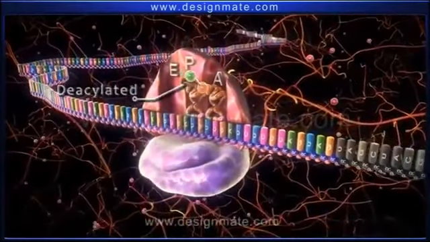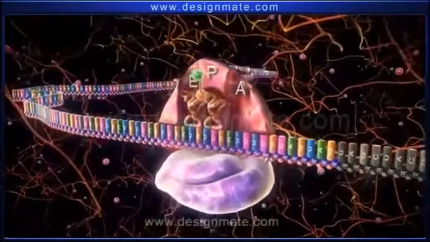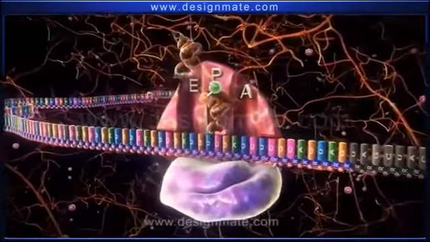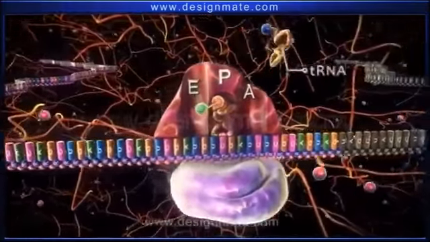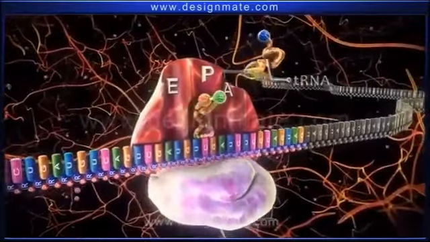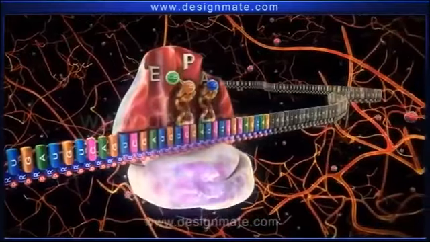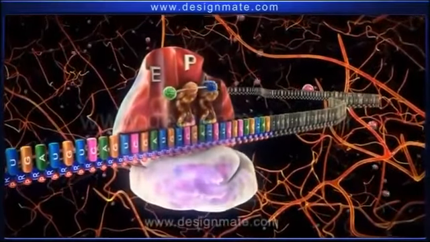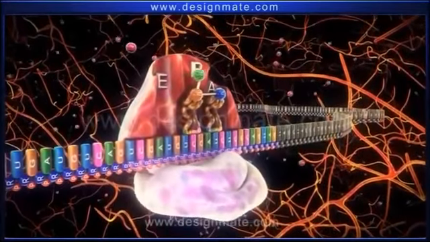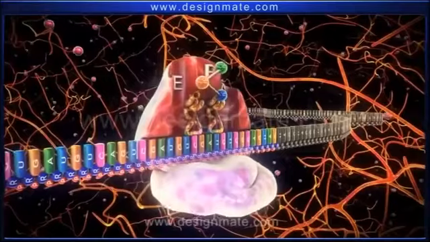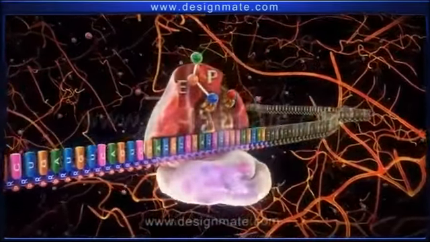The ribosome then advances a distance of 1 codon and the deacylated tRNA shifts to the E site from where it dissociates. Meanwhile, another tRNA carrying an amino acid molecule attaches to the A site. This is followed by the binding of the amino acid molecules. Repetition of this process leads to the formation of an amino acid chain. This event is called elongation.